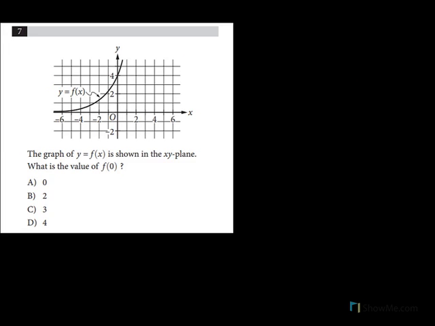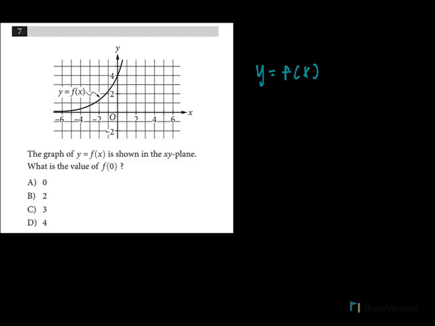that's what we got. So for the next problem, we're given a graph, and it says the graph of y equals f of x is shown in the xy plane. And we're asked for what is the value of f of 0. So we know the basic equation, y equals f of x.